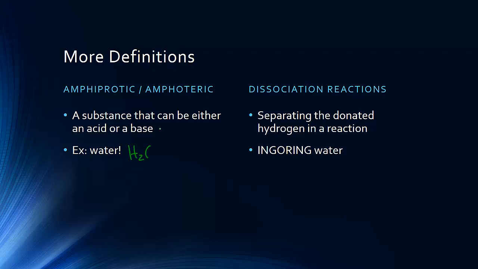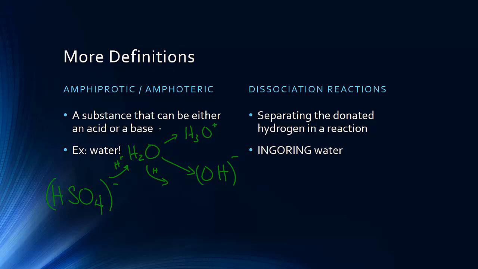So for our examples, and on page 15, you saw where water could accept a hydrogen to produce hydronium, or you saw how water could donate a hydrogen to produce hydroxide. So water is an example of a substance that is amphoteric. It can donate or accept hydrogen. It's just one of many substances. A lot of conjugate bases are amphoteric.